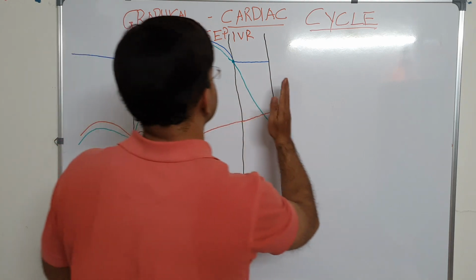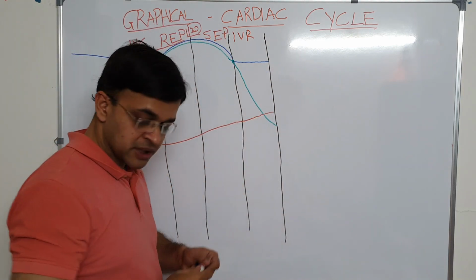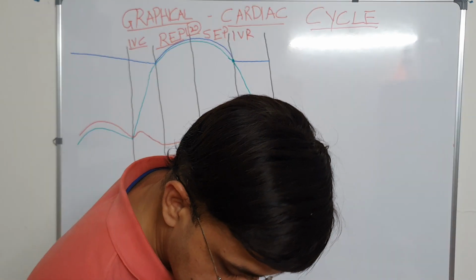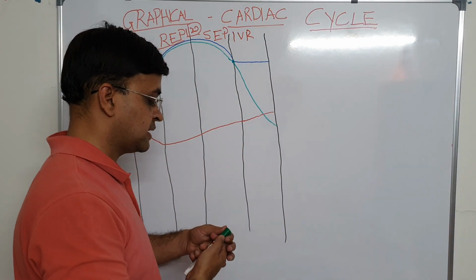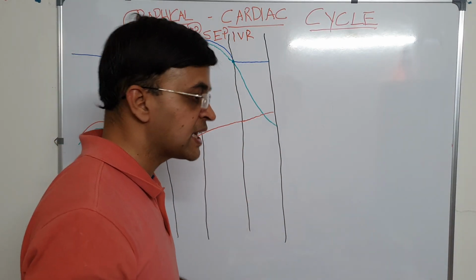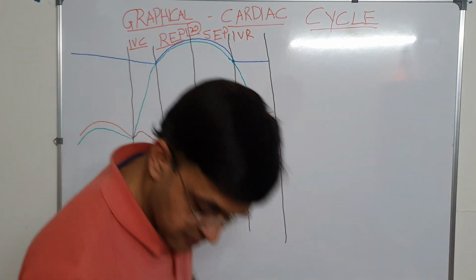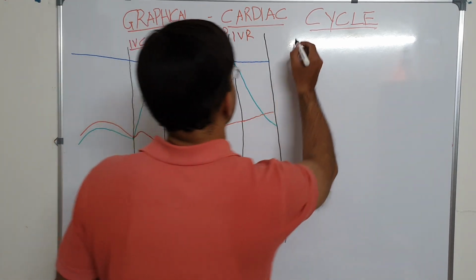What will we have after this? After this we are going to have the phase of rapid passive ventricular filling and slow passive ventricular filling. Two more phases we will have after this.